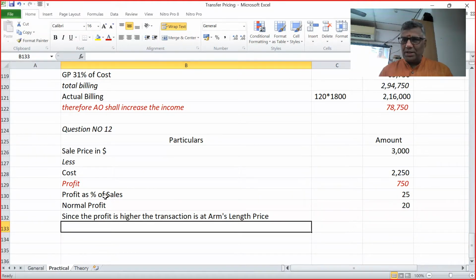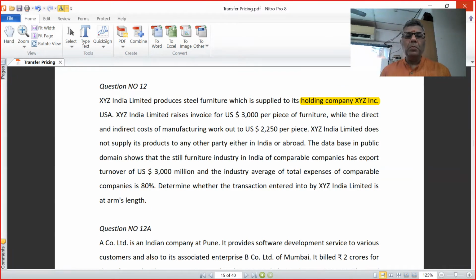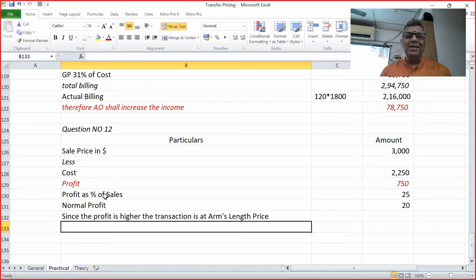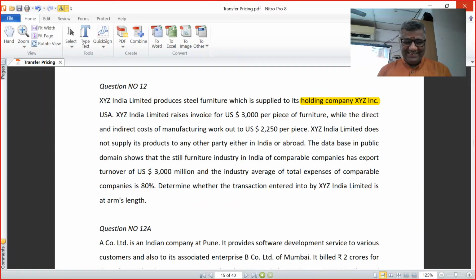is at arm's length price. Hello, Santosh. 1 minute.